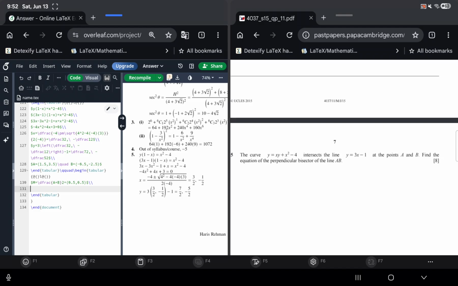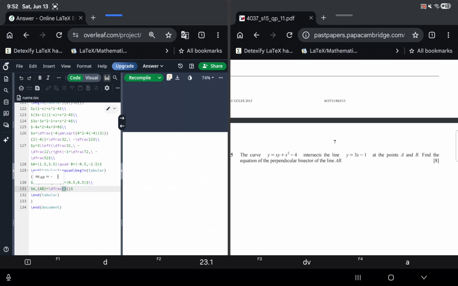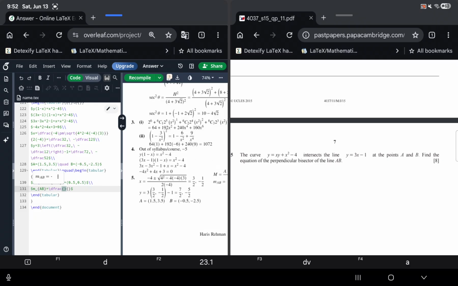Next, the gradient of this line. So let's compile so I can see these values much clearer. So the gradient would be 3.5 minus 2.5 over negative 0.5 minus 1.5.